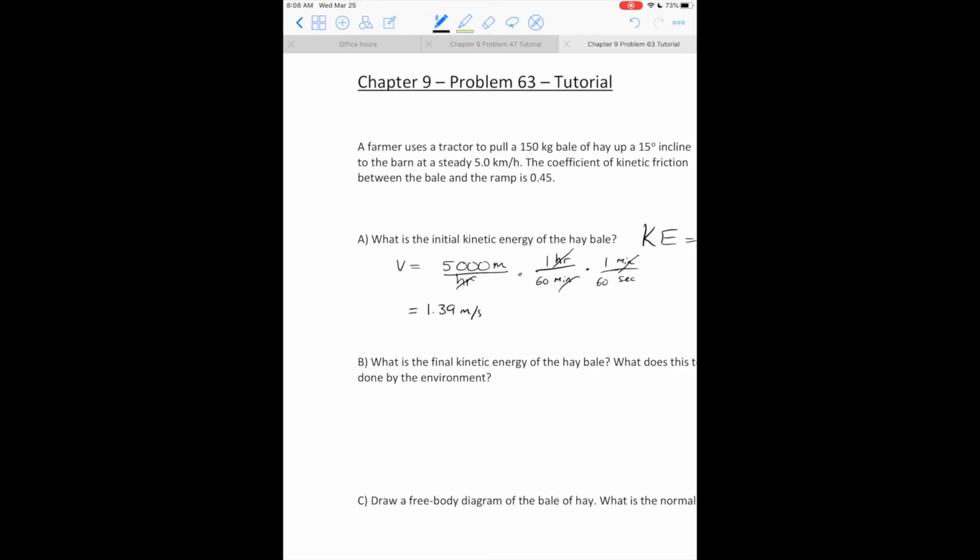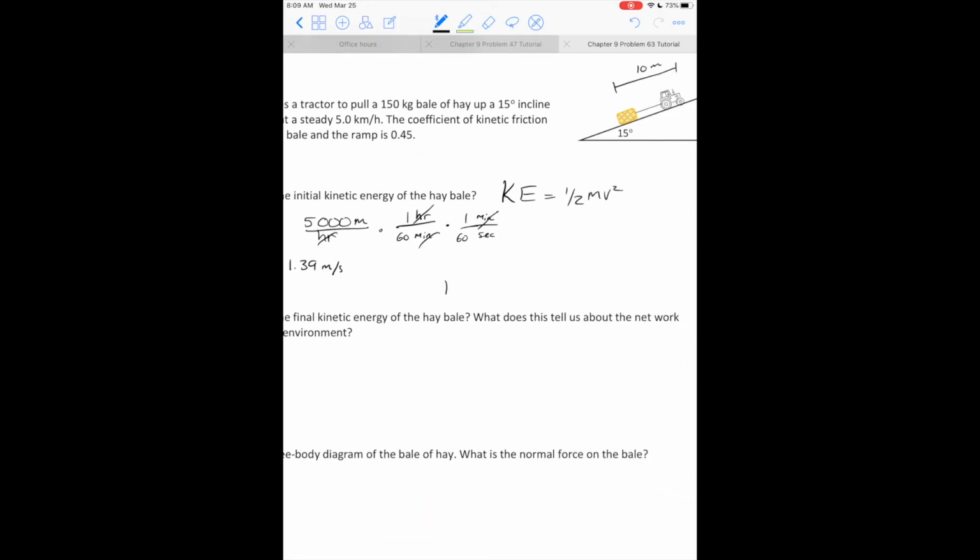So now I can calculate my kinetic energy. My KE equals 1/2 times 150 kilograms times 1.39 meters per second squared.